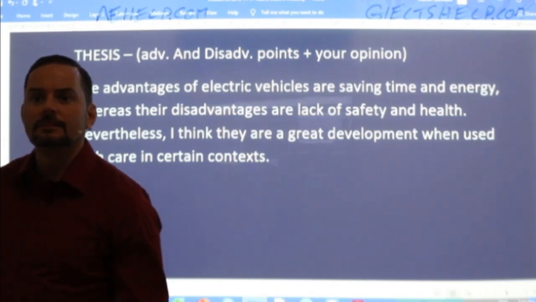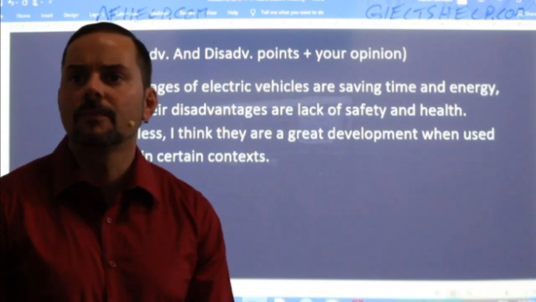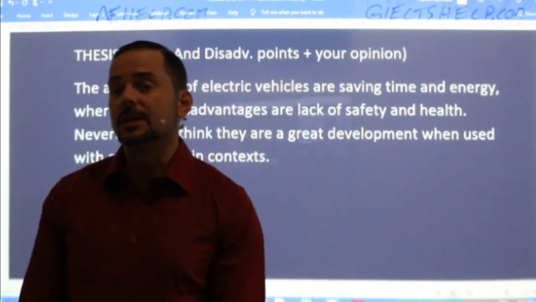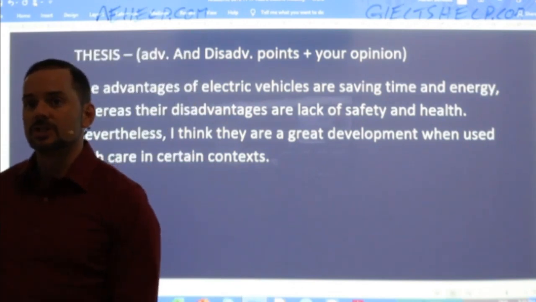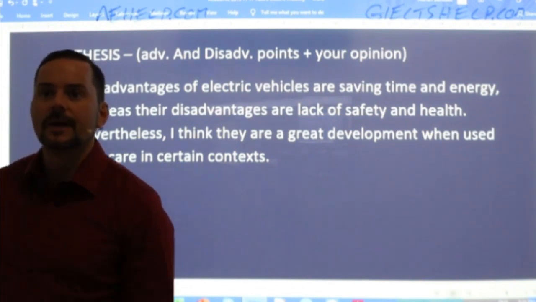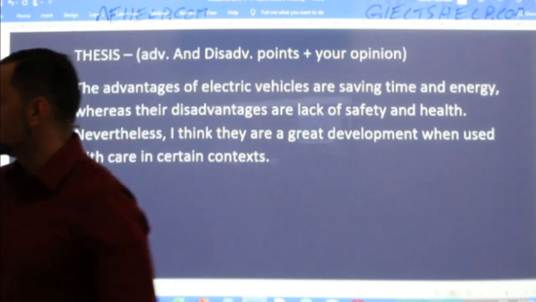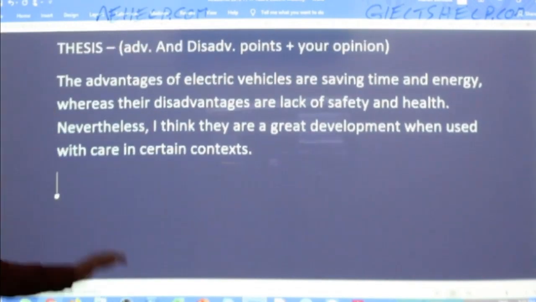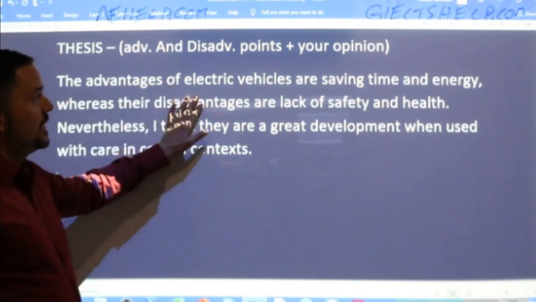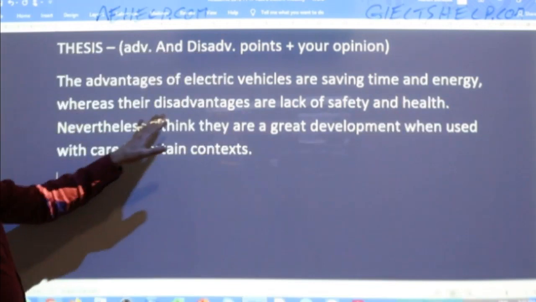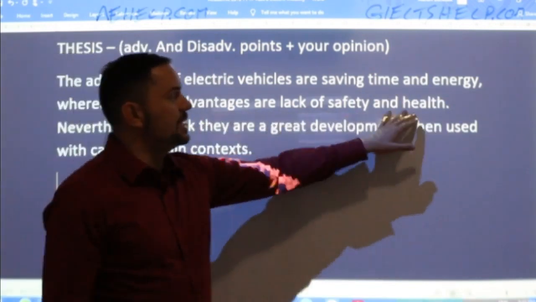Here we go. Young Lion, yes, you definitely need to use linking words and conjunctions well in your essay to make it flow. That's important. Okay. All right. So here is my thesis statement. The advantages of electric vehicles are saving time and energy, whereas their disadvantages are lack of safety and health.